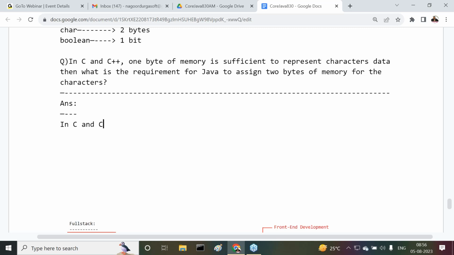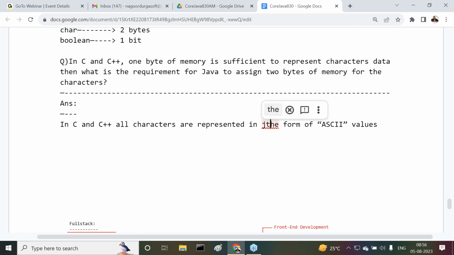Now try to recognize this answer clearly. Observe carefully. In C and C++, all characters are represented in the form of ASCII values. Clear? In C and C++, all the characters are represented in the form of their ASCII values. ASCII is one of the character representations. So many character representations are available, where ASCII is one of them.